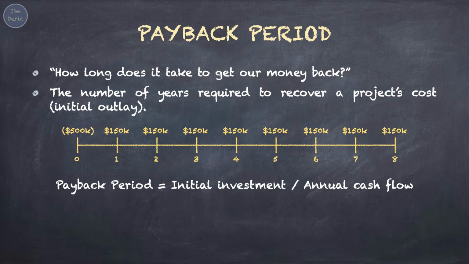Taking initial investment over annual cash flow, you will get the payback period. This formula is applicable only when you receive same amount of cash flows every year. For the calculation, we take 500K over 150K, you'll get 3.33 years. This means after investing $500,000, it takes 3.33 years to earn back the initial cost.